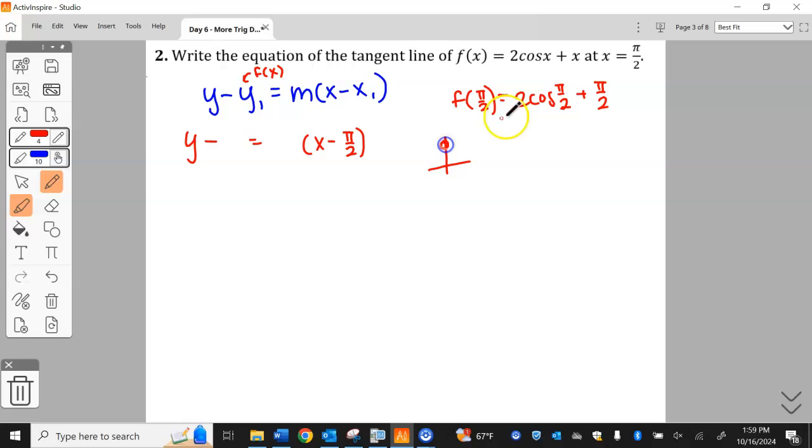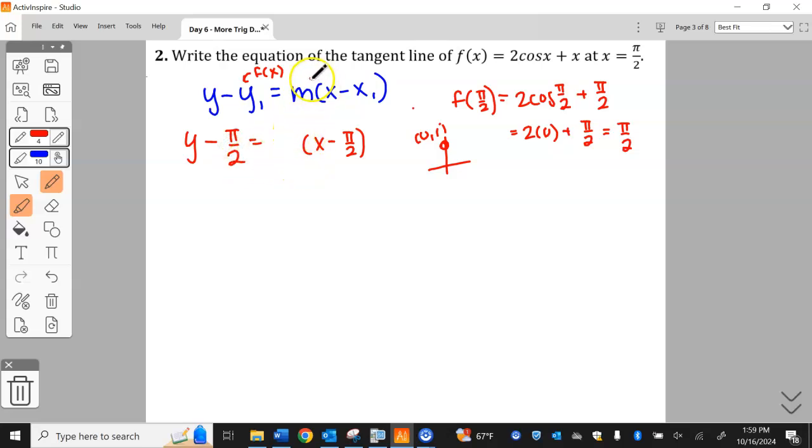Okay, so cosine of pi over 2 is up here. Cosine is our x value. Okay, so pi over 2, the x value would be 0. So this is just going to be 2 times 0. Then that pi over 2 just stays. So 0 plus pi over 2, that's just pi over 2. So that'll be my y1 value.